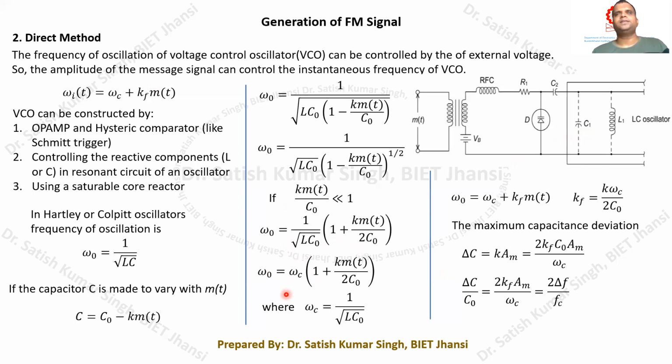So you can say that it is the unmodulated carrier frequency omega c, which equals 1 upon root over LC naught. Now, if this is the case, we can expand this expression, and that can be written as omega naught equals omega c plus k omega c multiplied with mt divided by 2 c naught.